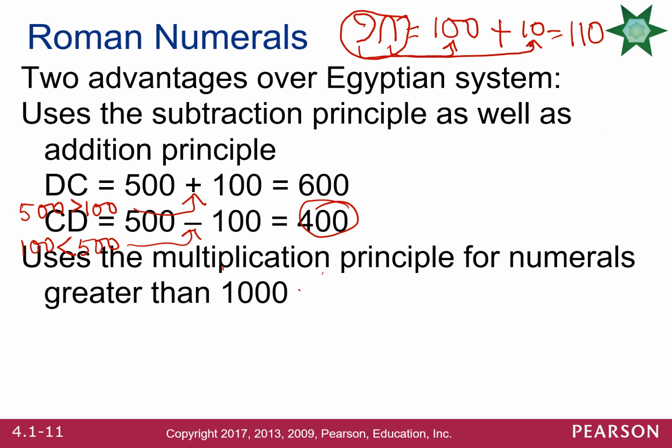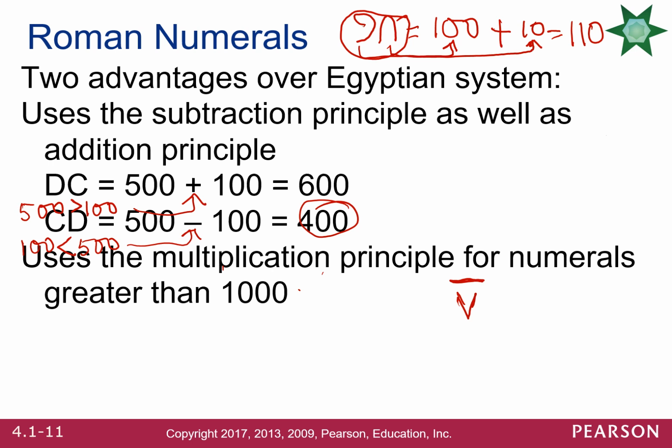So there's a special way to represent the multiplication. Let's look at this number V. V is the number 5. And if we put a bar over the V, that suggests multiplication.